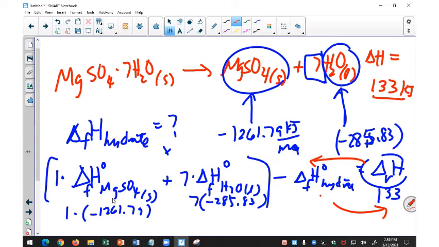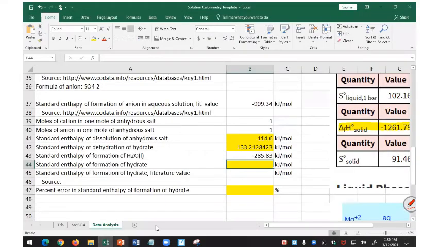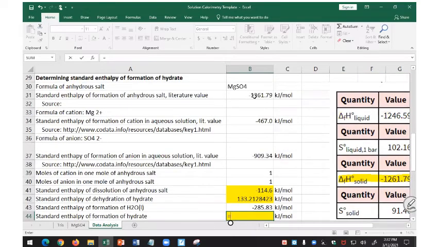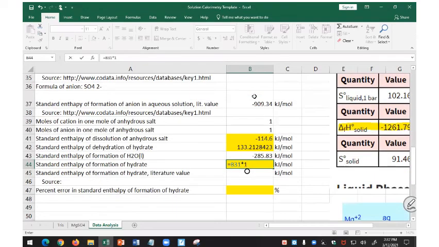So it's going to be equal to delta H formation of magnesium sulfate times 1 plus delta H formation of water per mole times 7 moles of water minus the overall delta H, which is, where's the 133? Oh, right there. It should be negative 3395 kilojoules per mole.